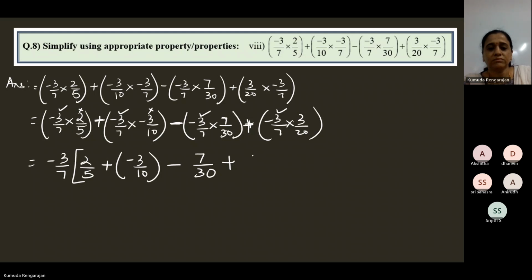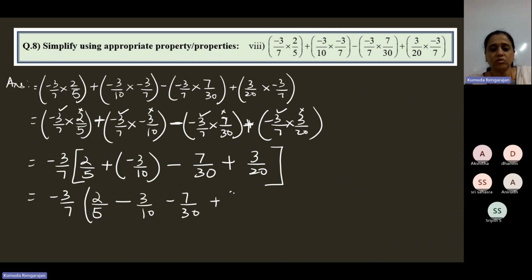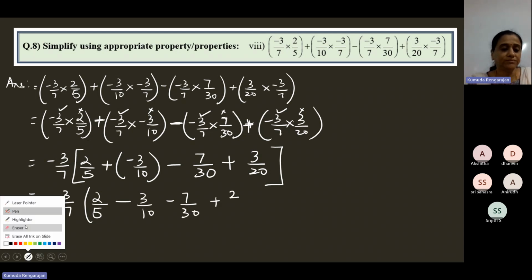Correct. Let's write all this and close the bracket. So this will be minus 3 by 7. Very good. Now you can open a simple bracket and write 2 by 5. Plus into minus is minus. So 3 by 10 minus 7 by 30 plus 3 by 20.